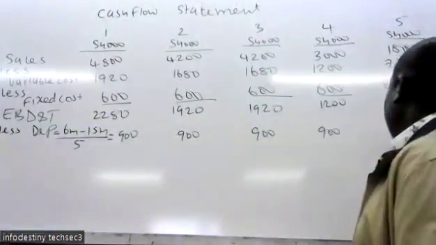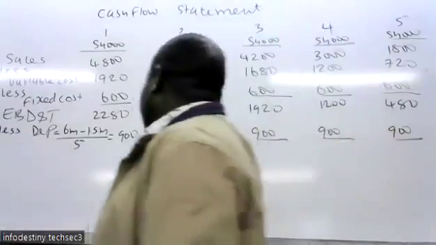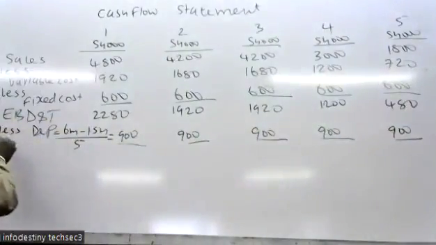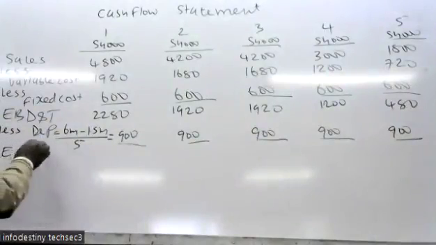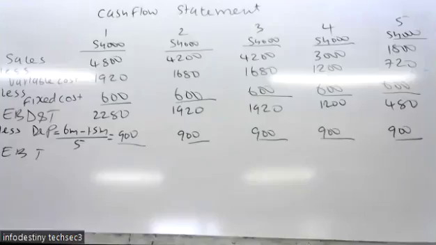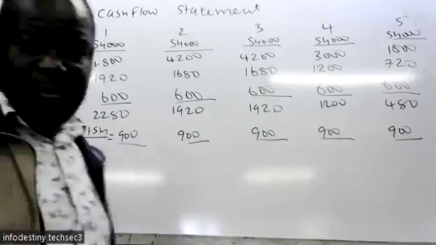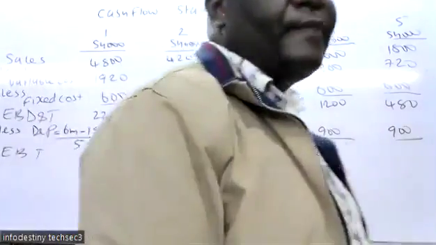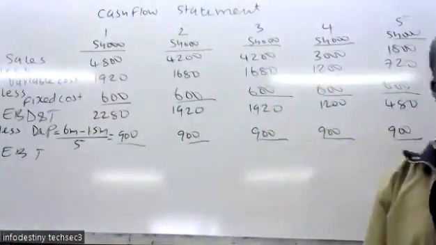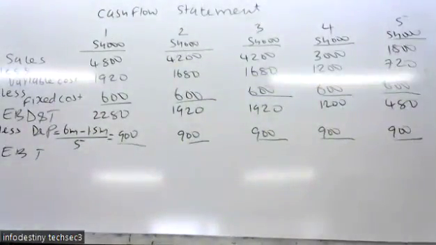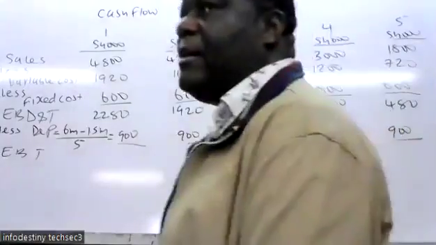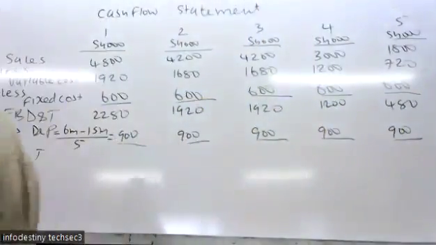So we subtract the depreciation so that we get the earnings before the tax.